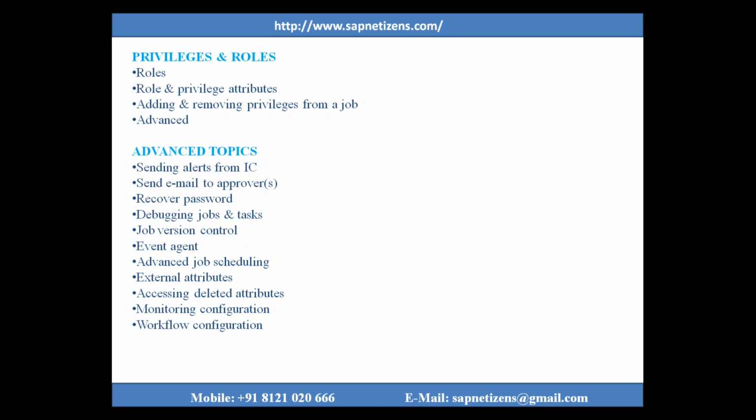Coming to the advanced topics, these are the advanced topics in SAP IDM 7.2, and they include sending alerts from ICs, sending emails to the approver, recovering passwords, debugging jobs and tasks, job version control, event agents, advanced job scheduling, external attributes, accessing deleted attributes, monitoring configurations, and workflow configurations.